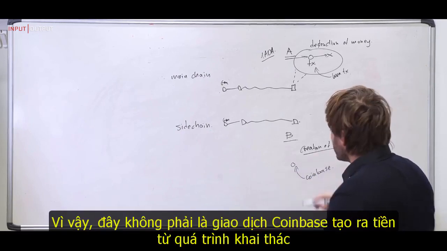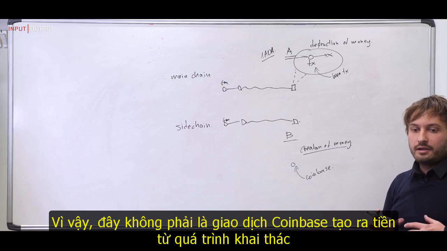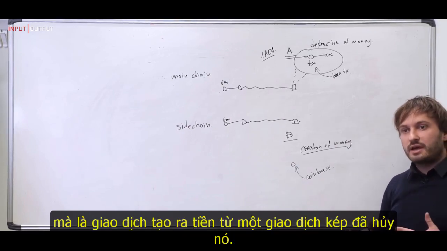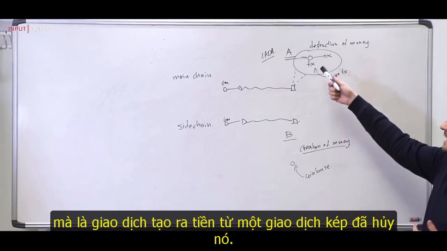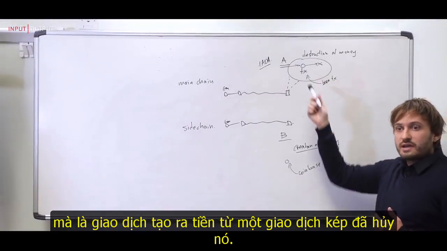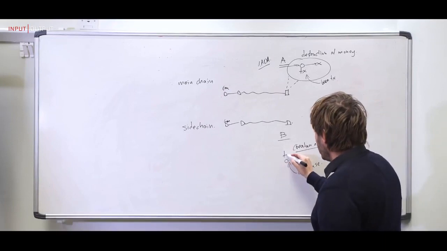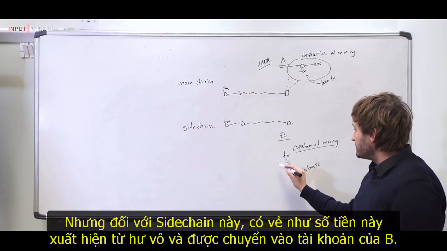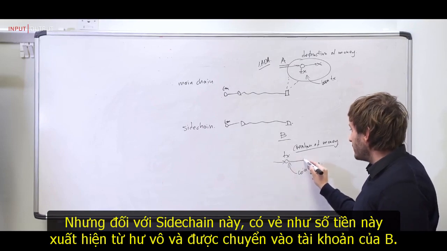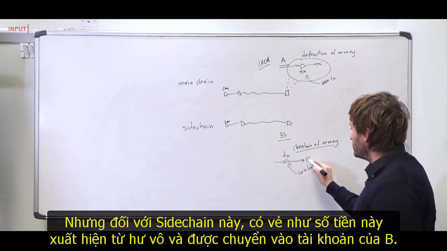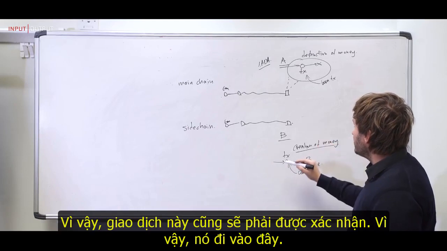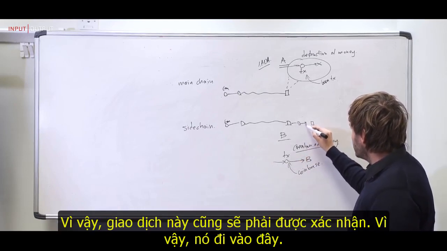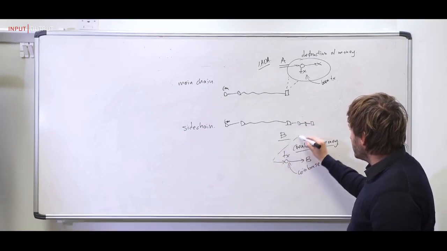So this is not the usual Coinbase transaction that creates money out of mining. It's a Coinbase transaction that creates money out of a dual transaction that has destroyed it. But for this sidechain, again, it seems that this money appears out of nothing and goes into B's account. So this transaction will have to be confirmed as well. So it goes in here.